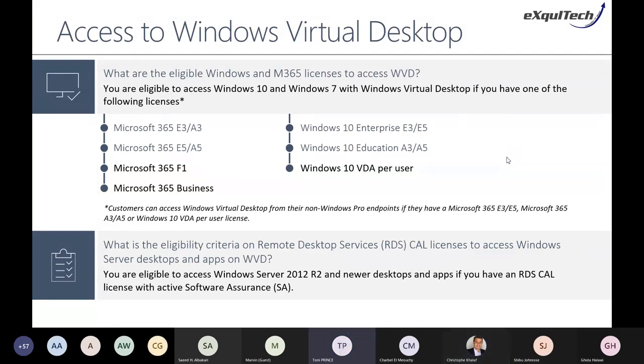In the VDI world, there are two approaches. One is you give every single user her or his own desktop, and that user, irrespective of where she or he is connecting from, has a full set of applications.